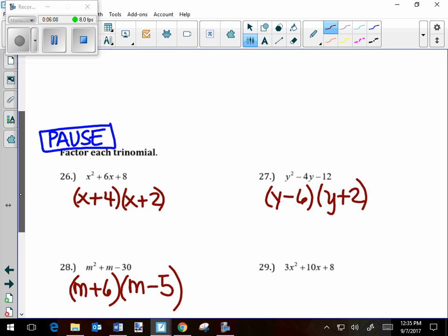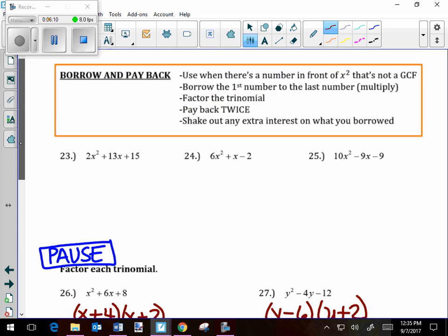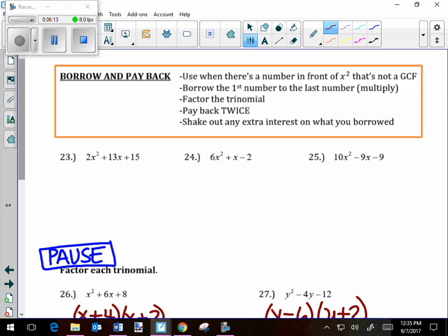I'm going to scooch back up to the top part here that we skipped, and we are going to be factoring these trinomials. These are the ones that are a little bit more difficult, and I'm going to do this not by this process that's here. I'm going to do this by another process that's called split the middle. You can use the borrow and pay back one if you want, but I think split the middle is sometimes a little easier.